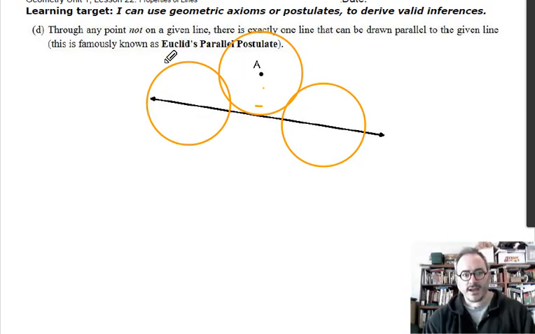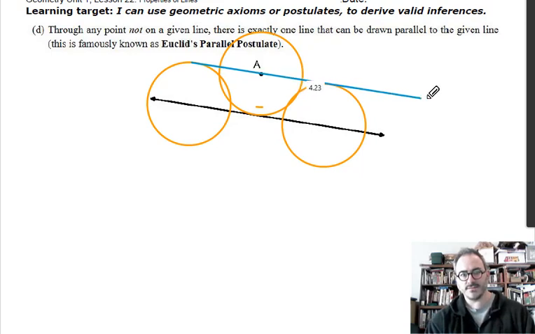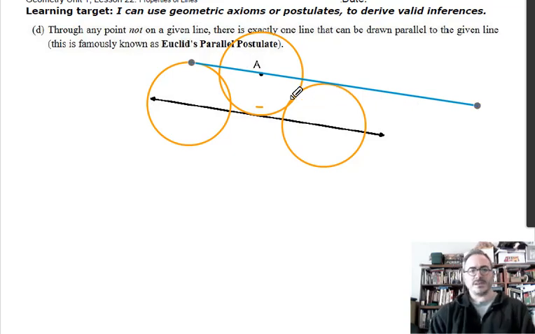And now I can draw a line that starts here at the top of this circle and goes through. I should probably make this a different color. From the top of this circle to the top of that circle. Why does this make a parallel line? Well, this makes a parallel line because I know that the distance between A and this line is going to be the same distance between the line itself and this point here, because it's the exact same circle.